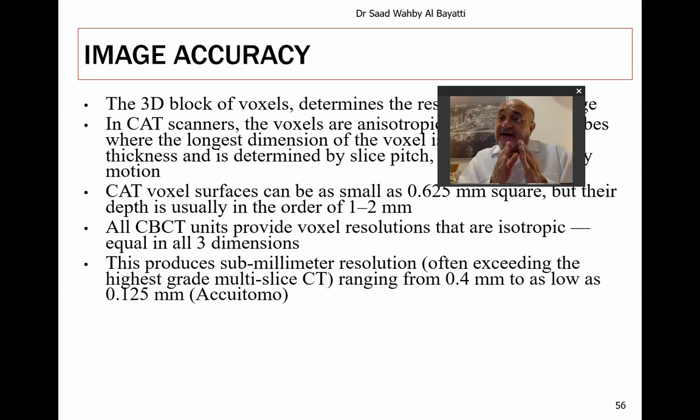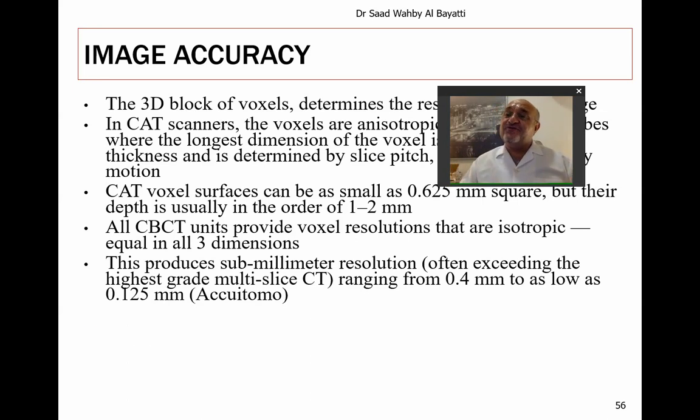So actually this is very good, because as I said earlier, suppose you have in the 1 millimeter thickness a lesion. Now if you're going for a CAT scanner, if this lesion is hidden in this 1 millimeter, you will bypass it when you navigate. But if you go in a thickness of 0.4 or even 0.1 or even 0.2, then you will not miss anything.